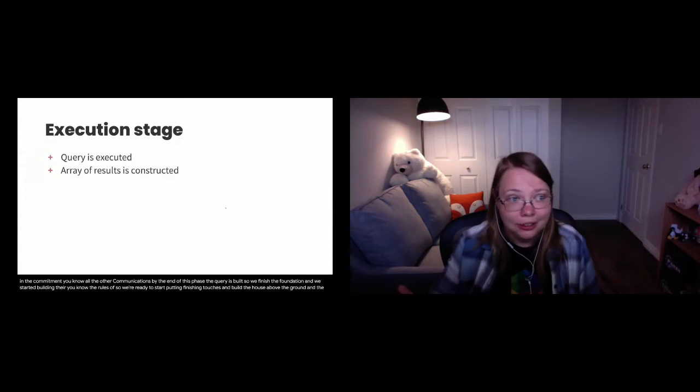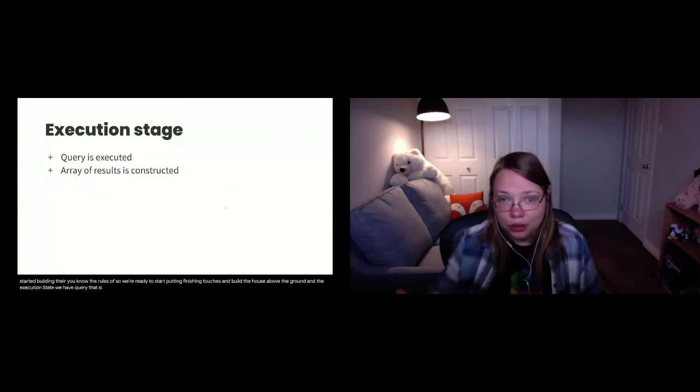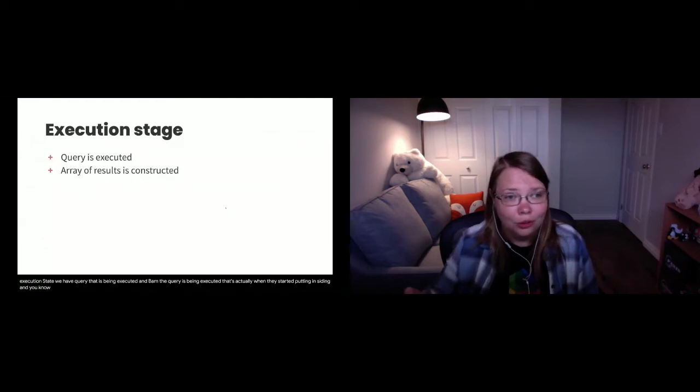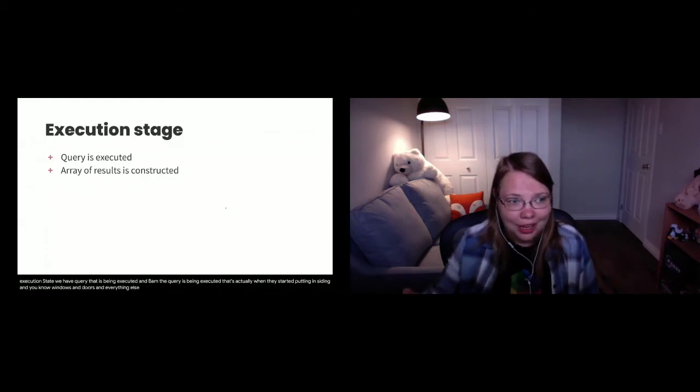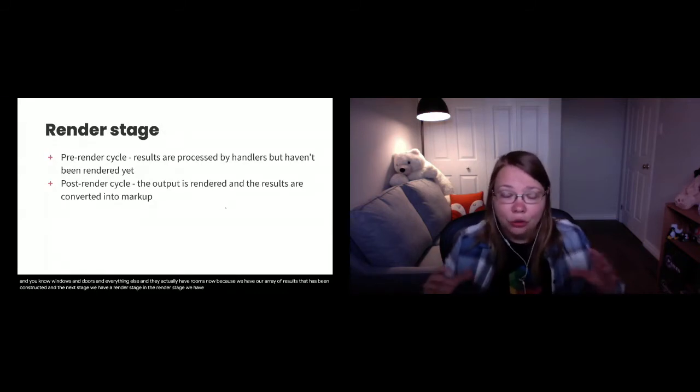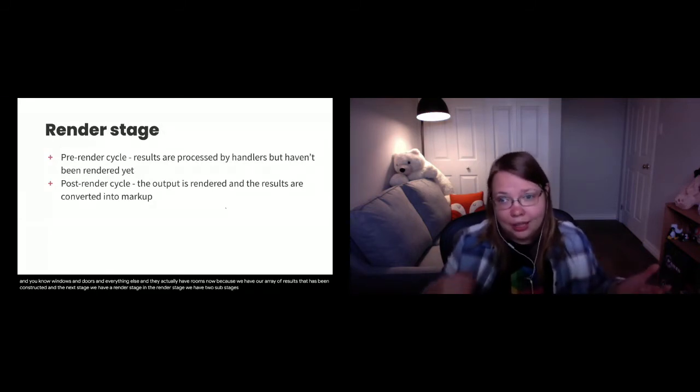In the execution stage, we have the query being executed. And when the query is being executed, that's actually when we start putting in siding and windows and doors and everything else. And we actually have rooms now because we have our array of results that is being constructed. On the next stage, we have the render stage. In the render stage, we have 2 sub-stages, pre-render and post-render.